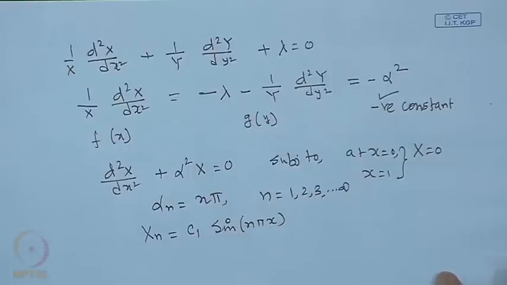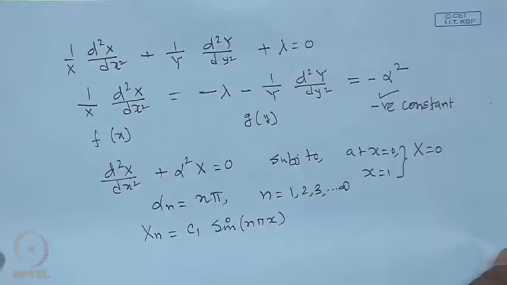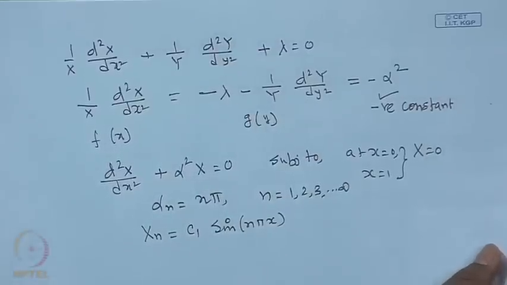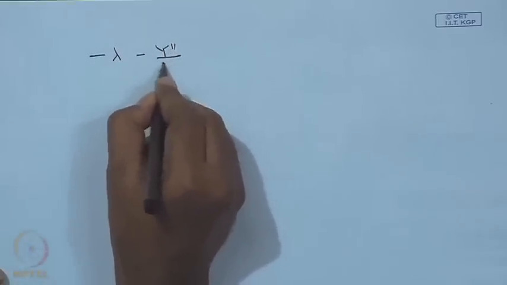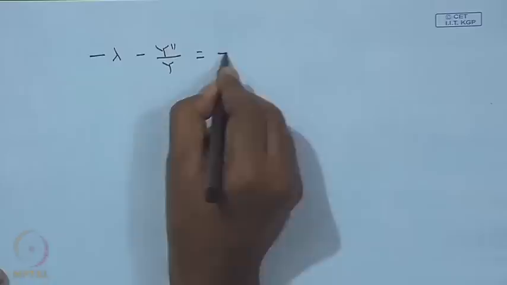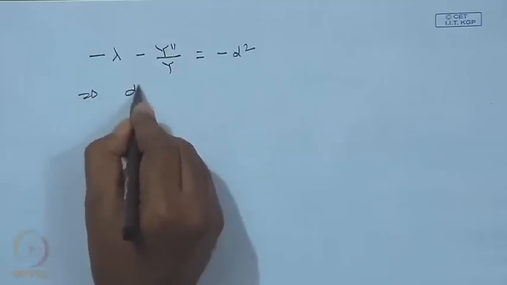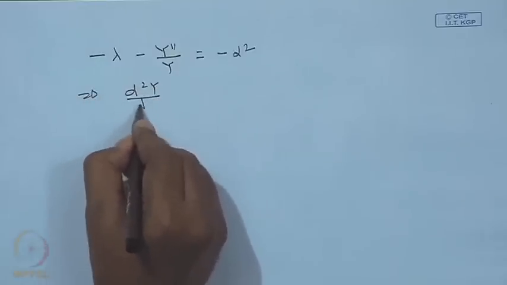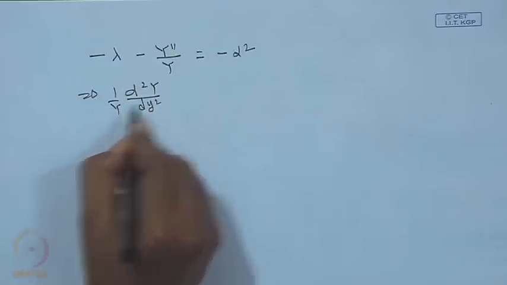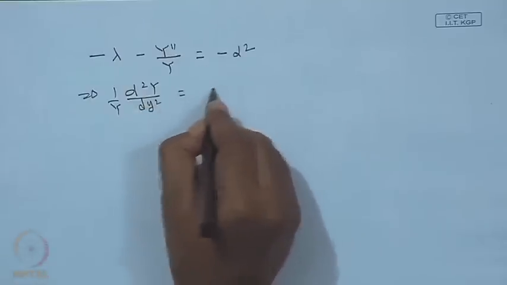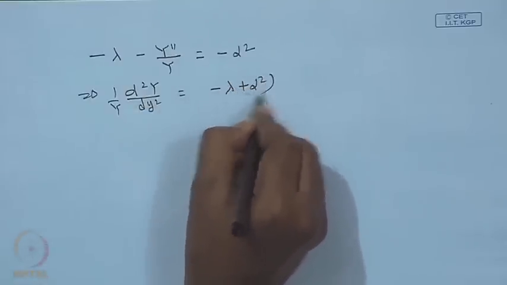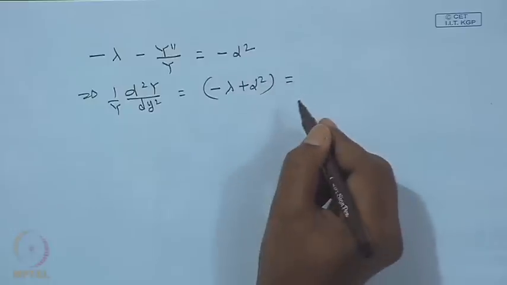Now, let us solve the y dimensional problem, the problem in the y direction. So, this becomes minus lambda minus Y double prime divided by Y is equal to minus alpha square. So, this becomes d square Y dy square 1 over Y is equal to minus lambda plus alpha square is equal to a constant.